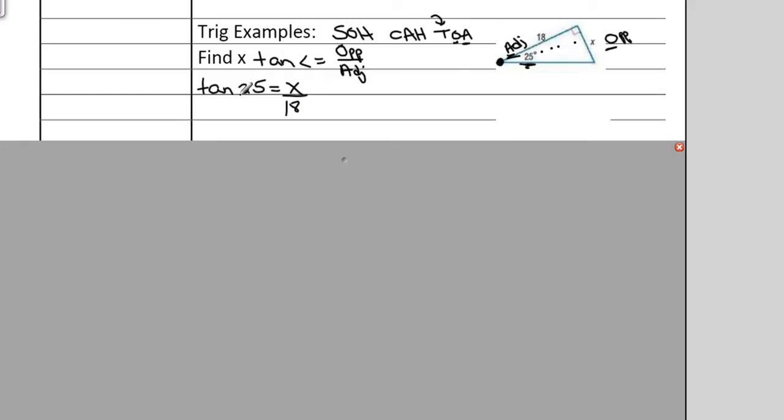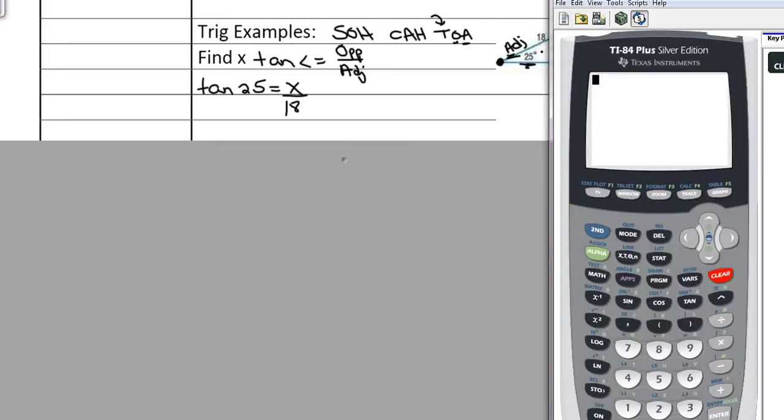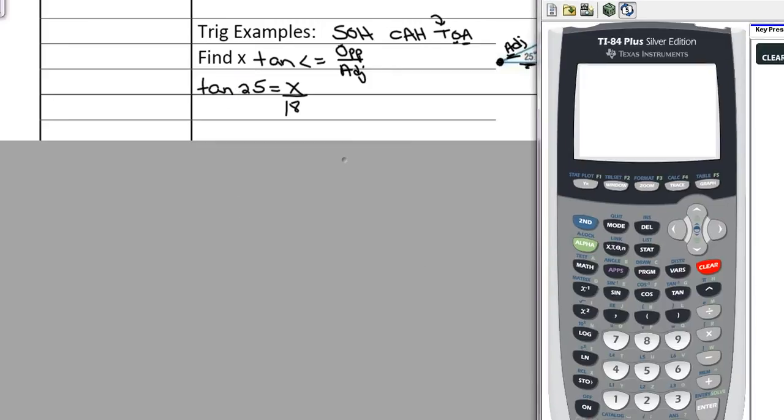Then I'm just solving for x, which it's eventually going to be cross multiplying, but we need to figure out the value of tangent of 25. Tangent of 25 is just a number, and we need to figure out what that number is. So first thing we do is we check to see if we are in degree mode. So this right here should be highlighted. Mode, which is here, and then degree. And then you type in tan, which is this button right here, tan of 25, and see what it equals.